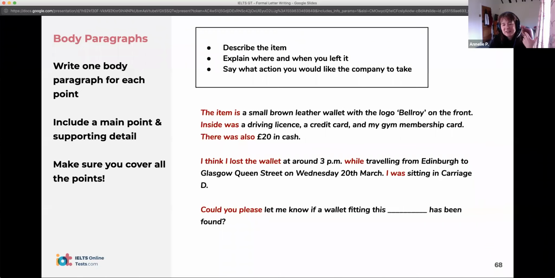Okay, very good. All right, we've got a missing word here. So what would fit in the gap there? Let me know if a wallet fitting this description. Very good. Okay, everyone's getting it now. Very nice expression there: fitting this description has been found.